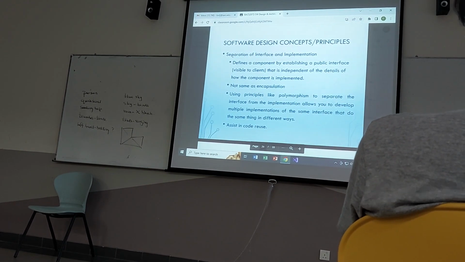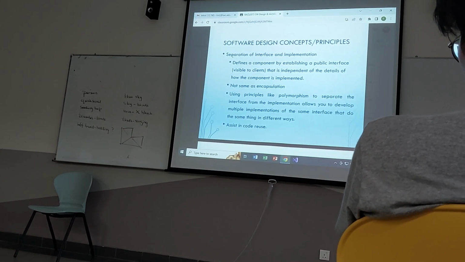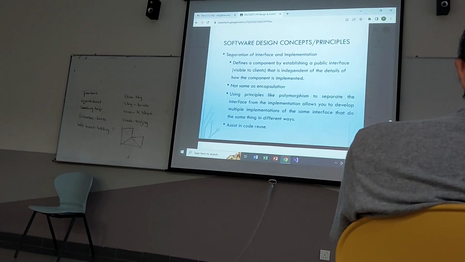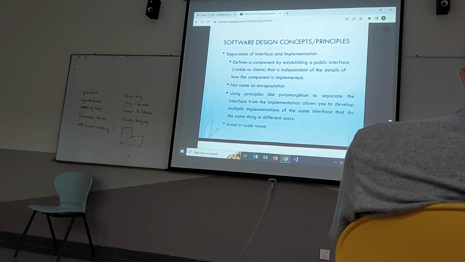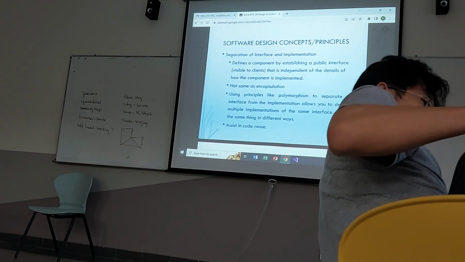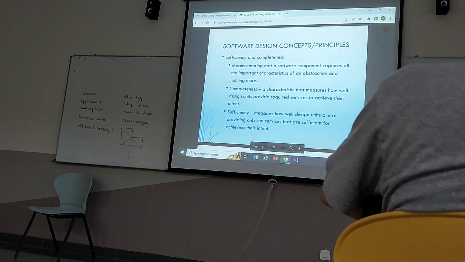And separation of interface and implementation. This is what we have discussed just now. One method or one task may have different implementations. Then sufficiency and completeness.